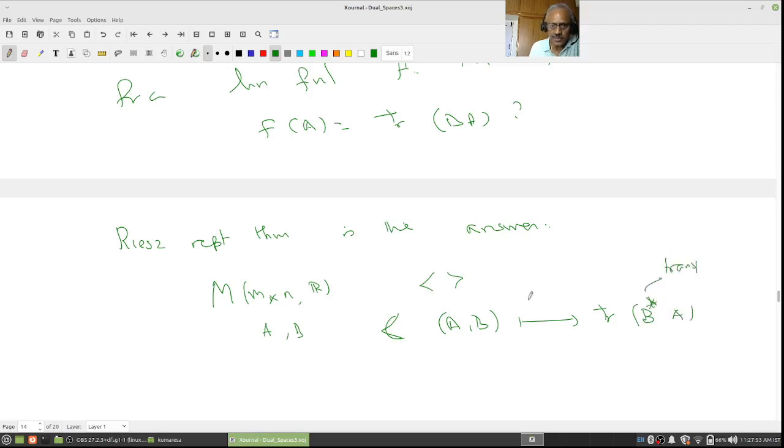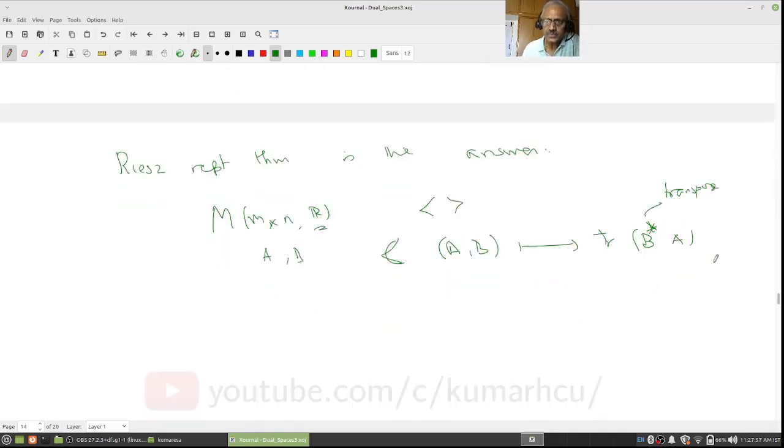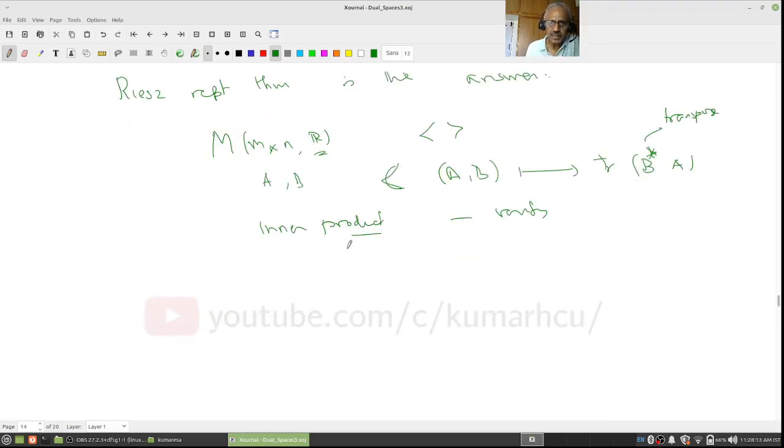I am looking at only real, otherwise I have to write complex conjugate transpose. Now this is an inner product. I am not going to verify this. If you had followed my inner product space lectures, these things are all explained there. And this is a finite dimensional real inner product space.